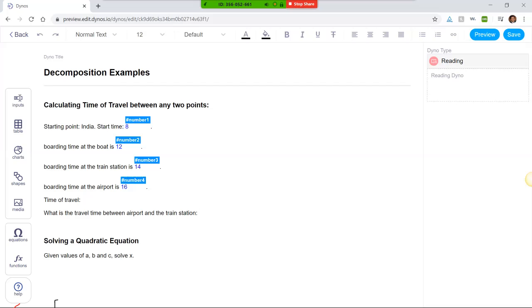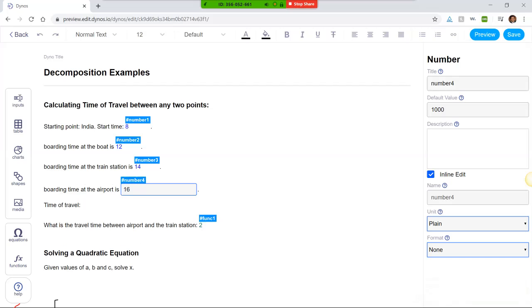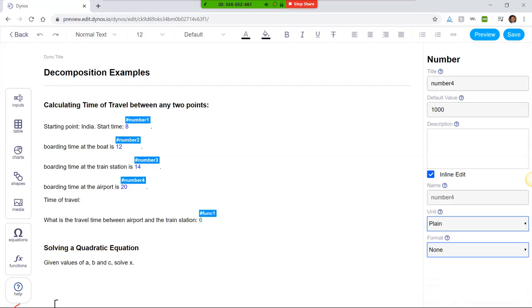What would be the formula here for the function? 16 minus 14, number 4 minus number 3. Excellent. So it would be number 4 minus number 3, right? Now if you change these numbers, for example, if this is 16 and I change this to 20, it would be 6, right?